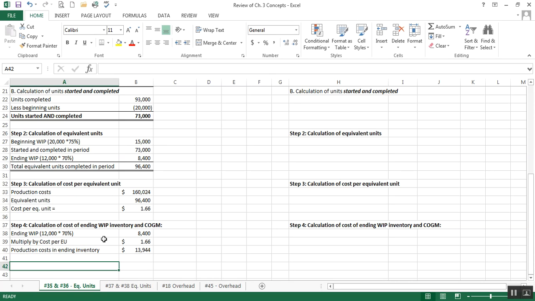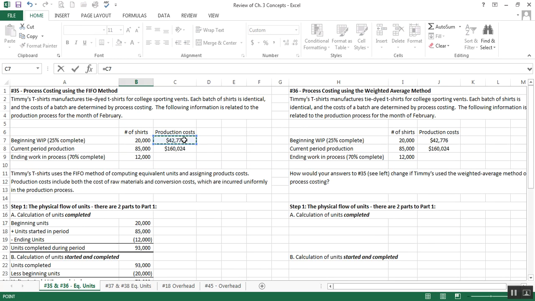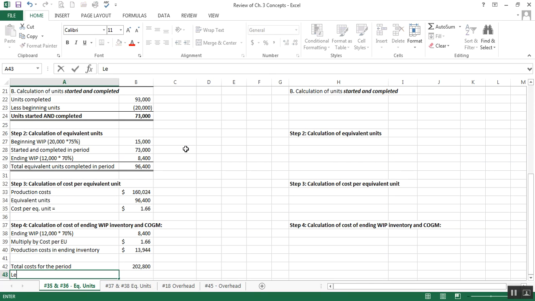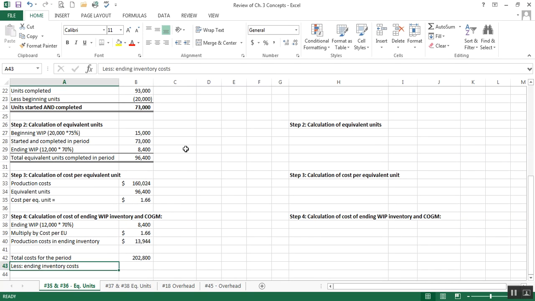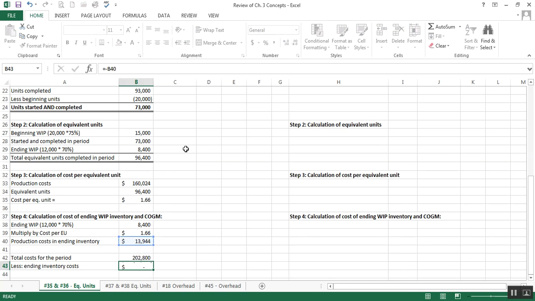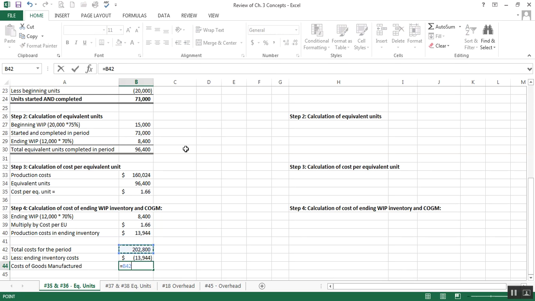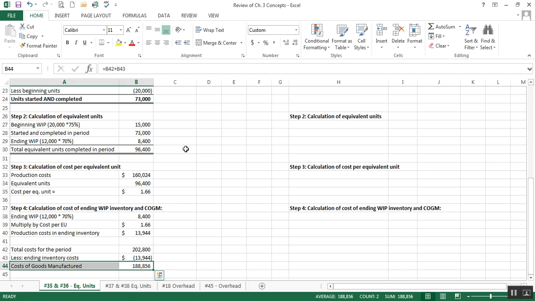Okay, and now to calculate our cost of goods manufactured, we're going to take our total costs incurred for the period, which is going to be the 42 plus the 160, and we're going to subtract ending inventory costs that we calculated above, which is the 13,944, and that gives us our cost of goods manufactured that need to be transferred to finished goods, which is 188,856.